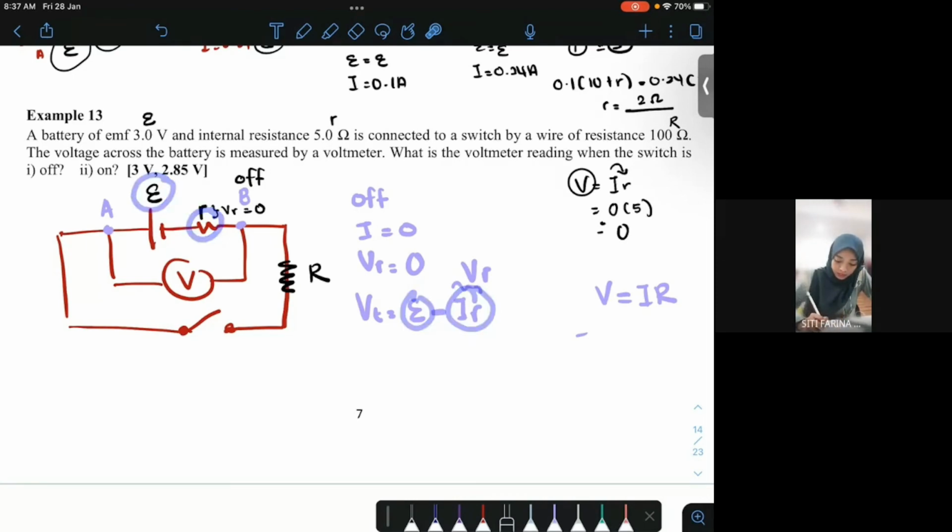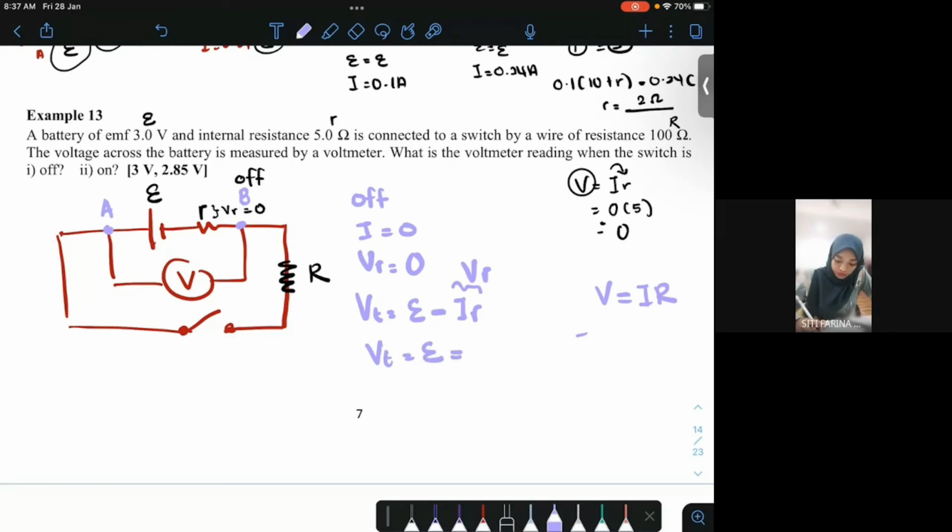So semua term dekat sini adalah potential sebenarnya. All these adalah V. Cuma ini kita kembangkanlah, kita tulis sebagai IR, to show that kalau ada current lalu akan ada drop. Selagi tak ada current lalu, tak ada drop. So ini dah kosong. Whatever that is going to reach the terminal adalah sepatutnya sama nilai dengan your V, dengan EMF kamu.